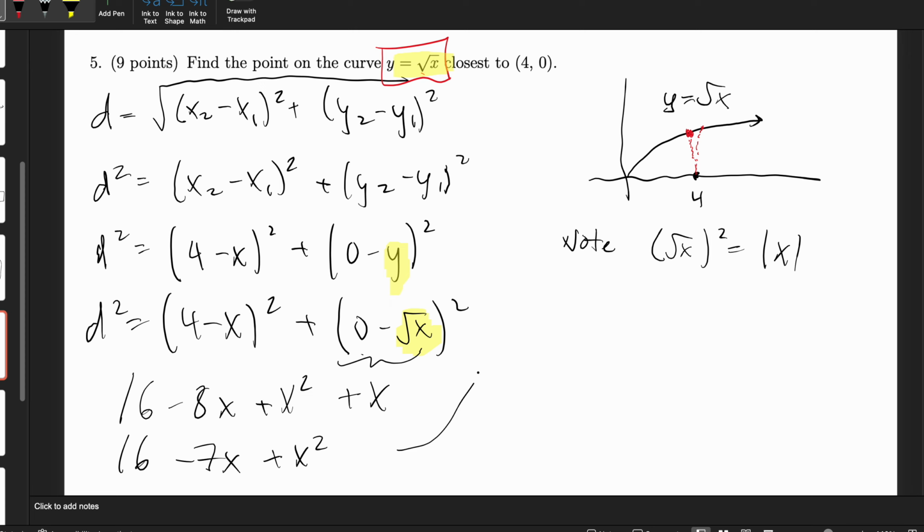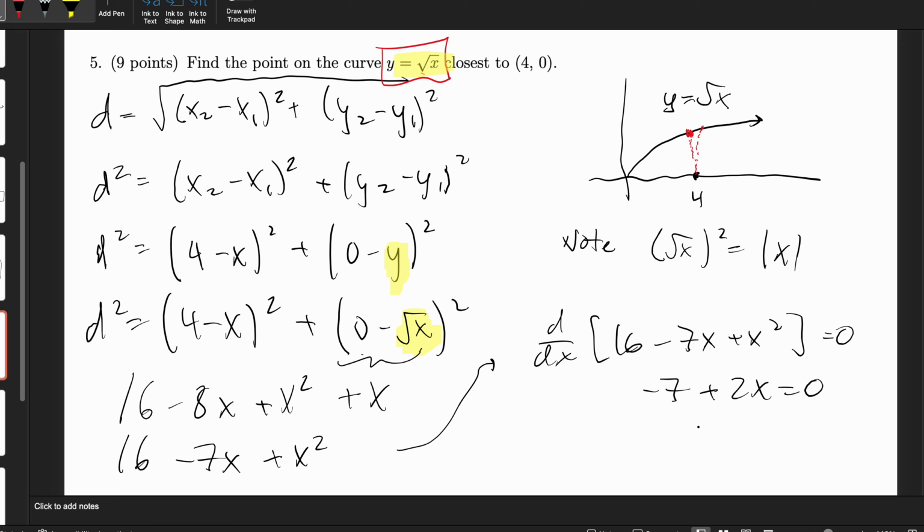Now I'm going to take the derivative of this whole thing and set it equal to 0. So derivative is minus 7 plus 2x equals 0. And that tells me 2x equals 7. X equals 7 over 2.